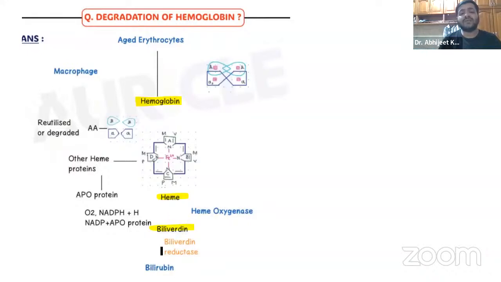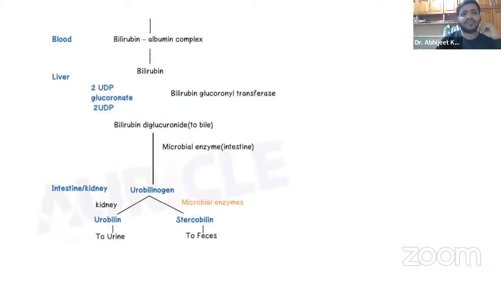This biliverdin, again with the help of the enzyme biliverdin reductase, will be converted into bilirubin. So this is how the series of breakdown of hemoglobin takes place. Heme plus globin will separate. The heme part, with the help of heme oxygenase, will convert into biliverdin. Biliverdin will convert into bilirubin by the help of the enzyme biliverdin reductase.